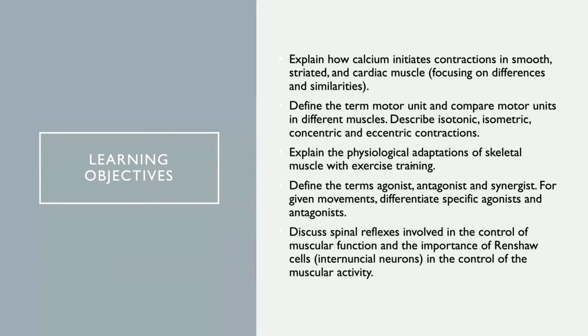And also, we are going to introduce a concept that is going to be developed more in detail in nervous system, that is the reflexes. How the nervous system controls the muscle activity through reflexes. We don't have to be aware of everything.